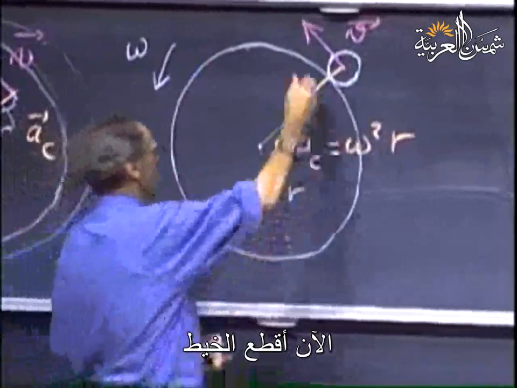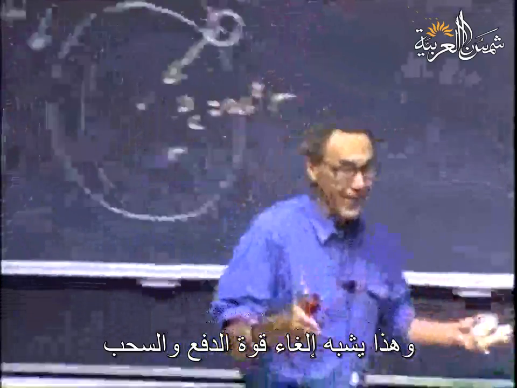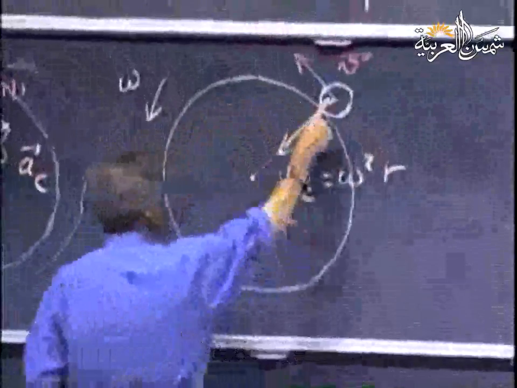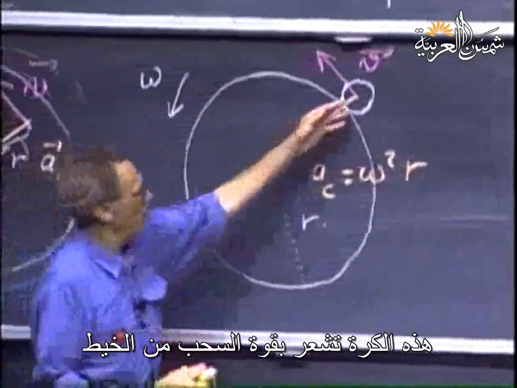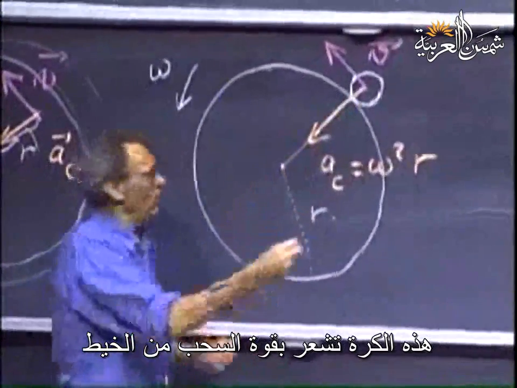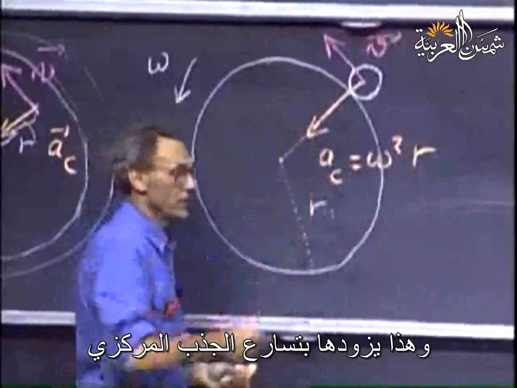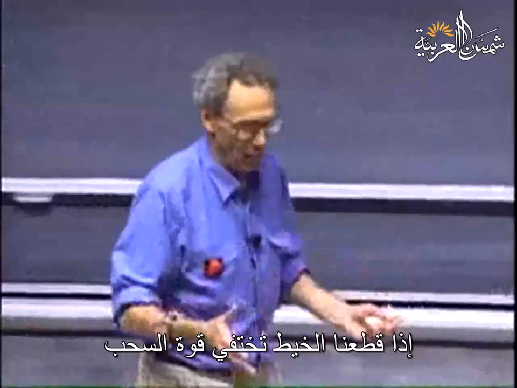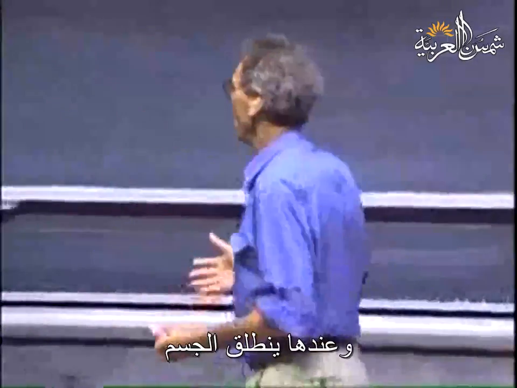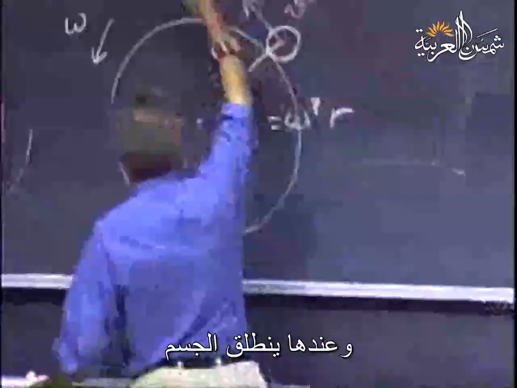Now, I cut it, and that's like taking away the push and the pull. The string that you have here is providing the pull on this ball. This ball is feeling a pull from the string, and that provides it with the centripetal acceleration. Cut the string, and the pull is gone, and the object will take off.